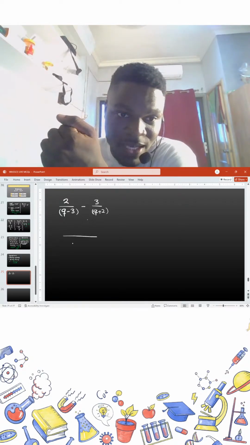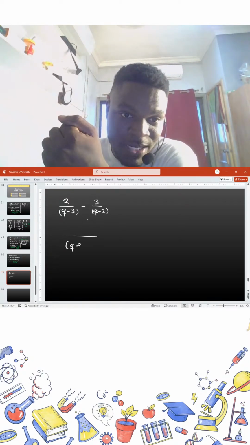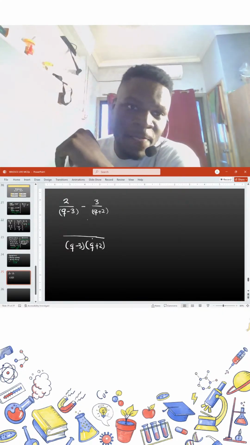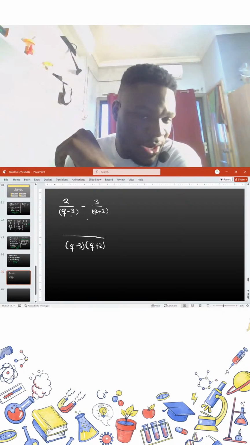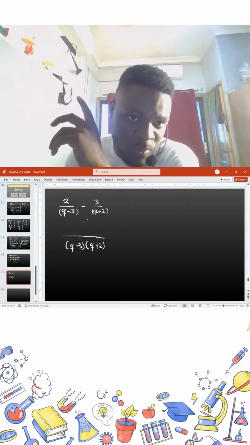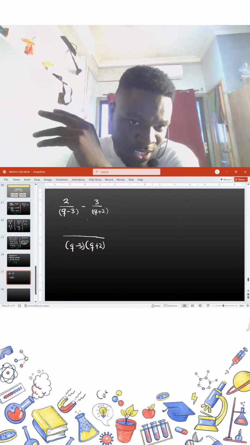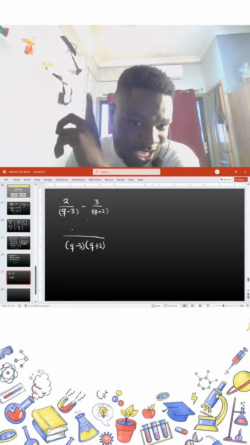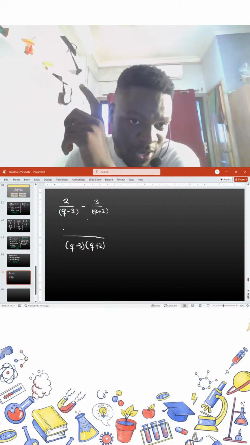So that becomes q minus 3 times q plus 2. That becomes our LCM straight ahead. Now, q minus 3 will divide this q plus 2 times. So q minus 3 will cancel out, to be left with this. So that will now multiply the 2 at the top. So we have 2 multiplied by q plus 2 over here.